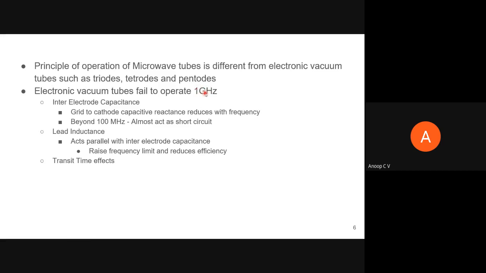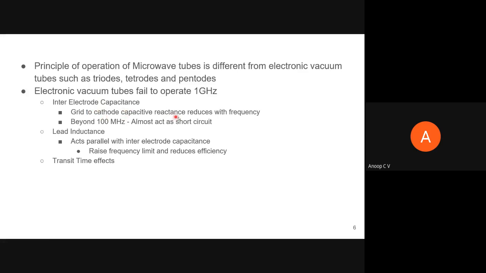There are reasons. The first is that inter-electrode capacitance comes into the picture. For instance, you have a cathode producing an electron beam and an accelerating grid to accelerate it, with a potential difference between the two. But in normal vacuum tube devices like triodes, tetrodes, or pentodes, the inter-electrode capacitance, for instance grid to cathode capacitance, comes into the picture.